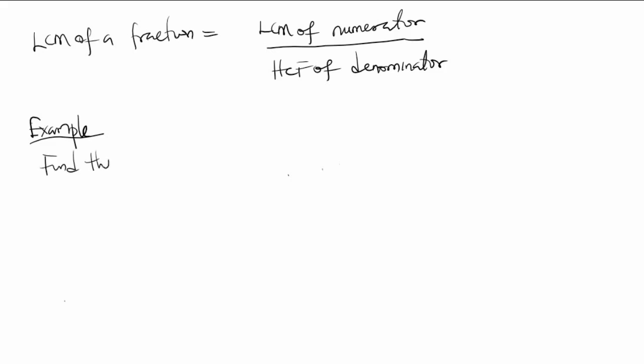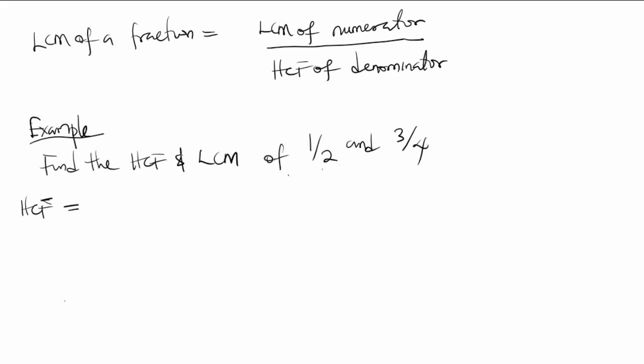Find the HCF and LCM of 1/2 and 3/4. Remember that the HCF of a fraction is equals to the HCF of the numerator over the LCM of the denominator.